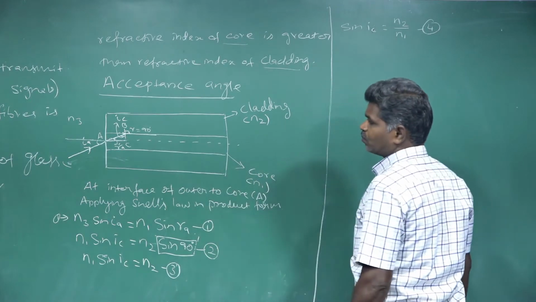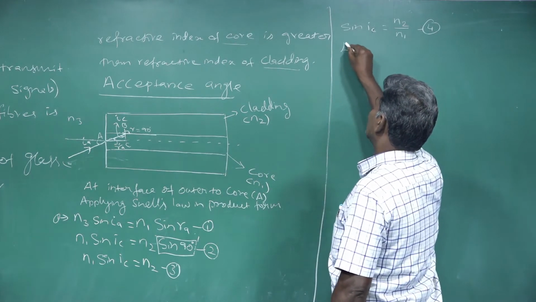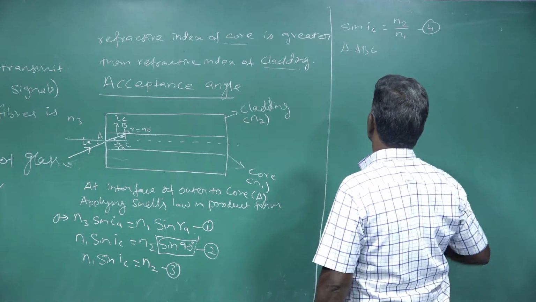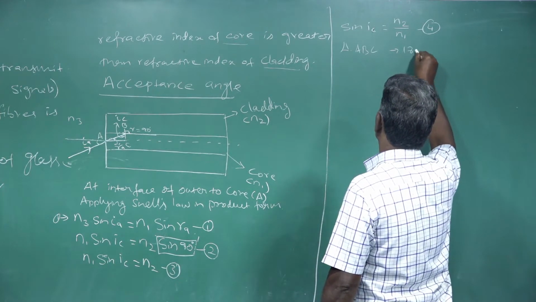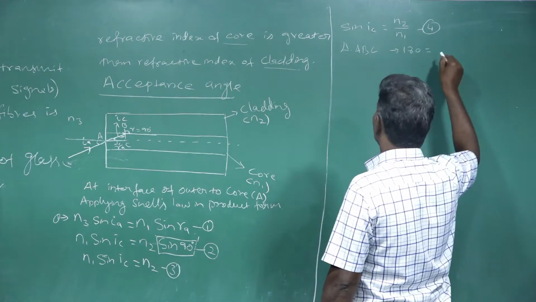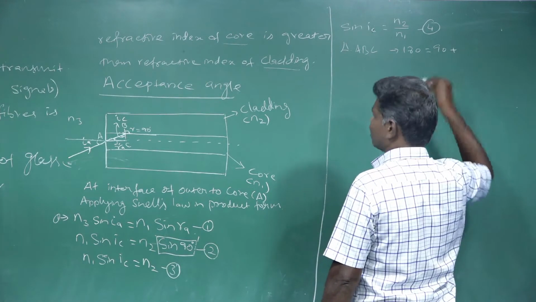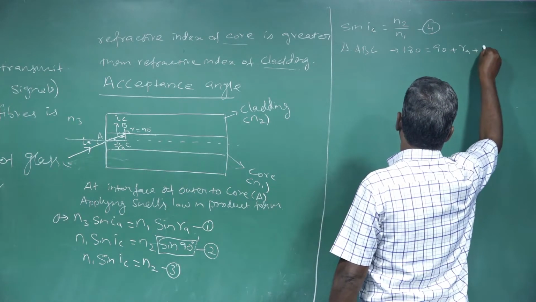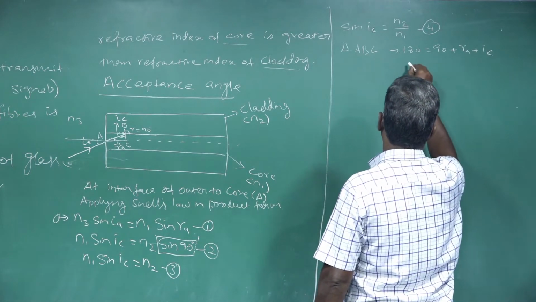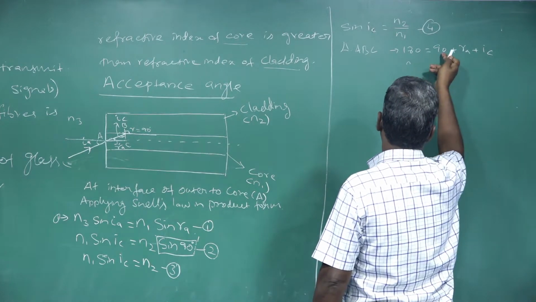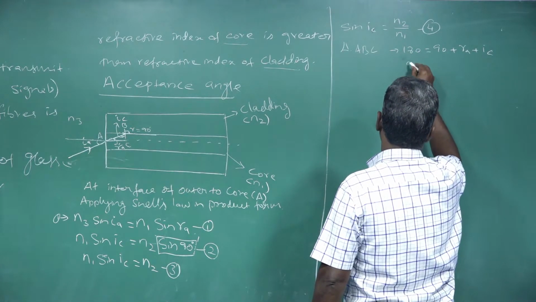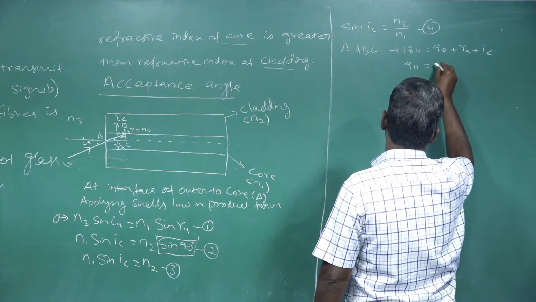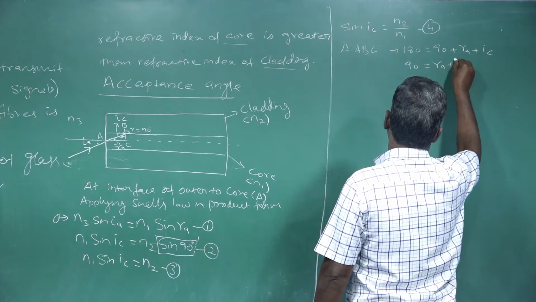In our diagram, ABC is a right angle triangle. The total of its angles is 180 degrees. One angle is 90 degrees, plus the other two angles are RA plus IC. So 180 minus 90 becomes 90, equal to RA plus IC.